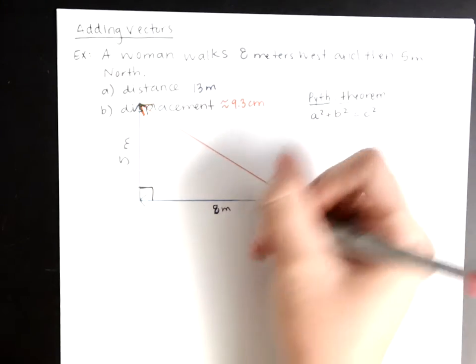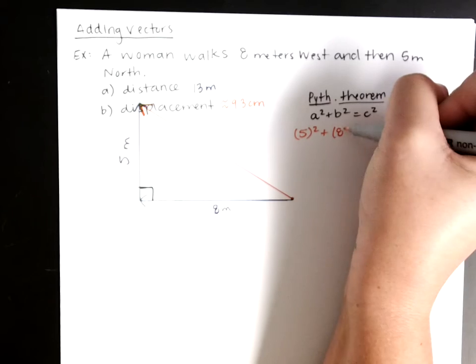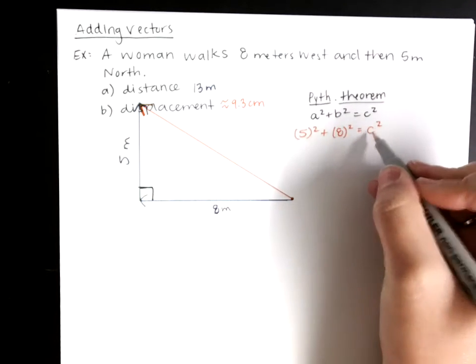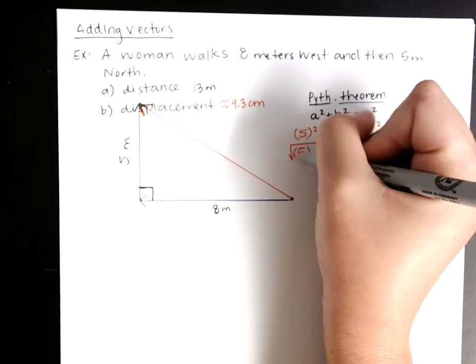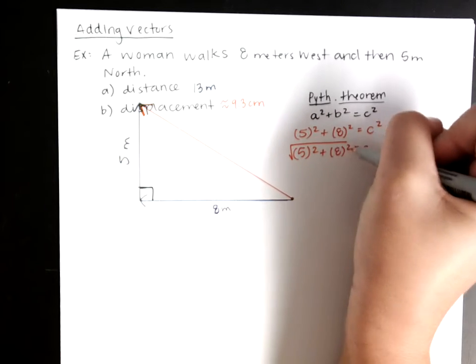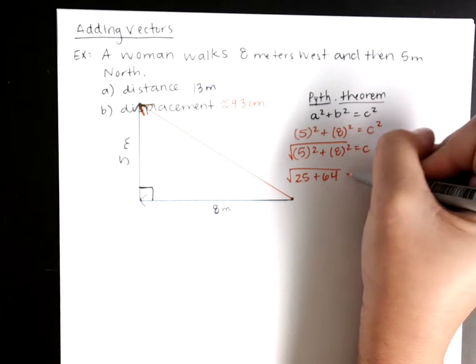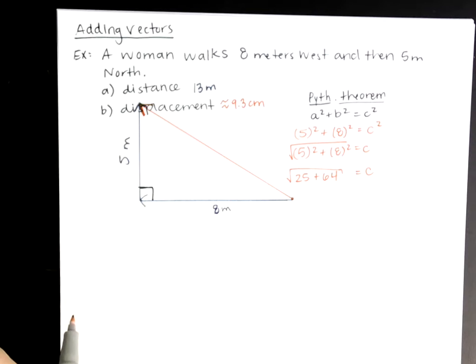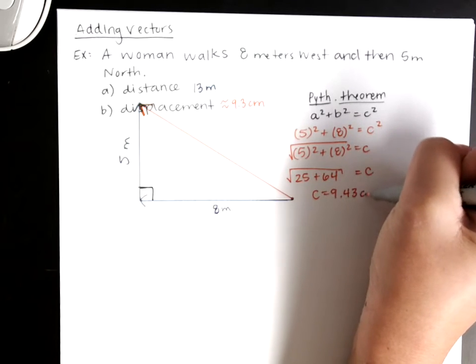We know A is 5, so 5 squared plus 8 squared is going to be equal to C squared. We want C, so we're going to take the square root of both sides. We get the square root of 25 plus 64 equals C. Go ahead and do that calculation. You should get C is equal to 9.43 centimeters.